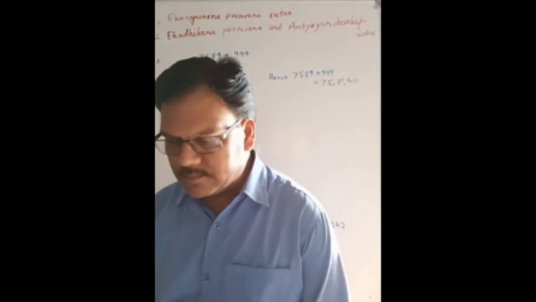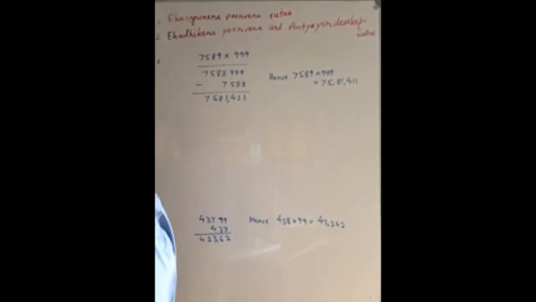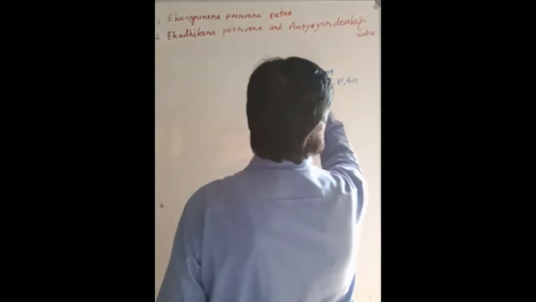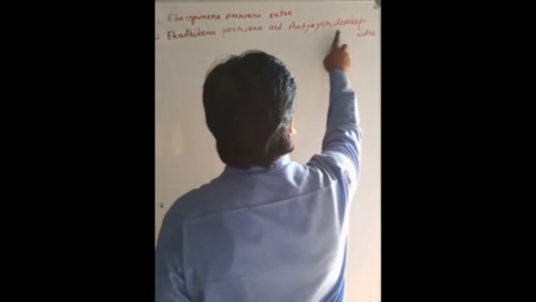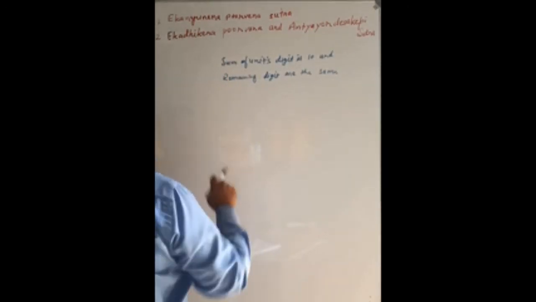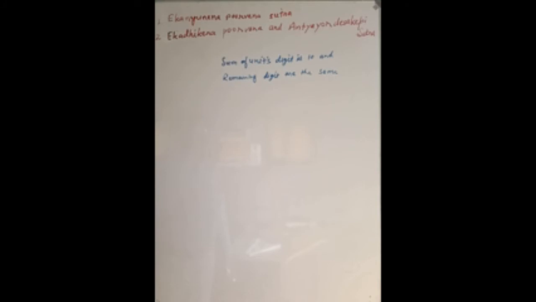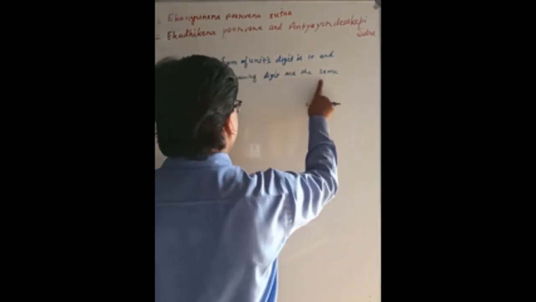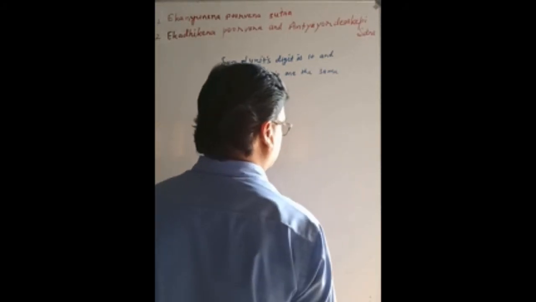Now we explain the second formula, that is Ekadhikena Purvena and Antyayor Dashakepi. Ekadhikena means ek adhik, one more. This method is applicable only when the sum of unit digits is 10 and the remaining digits are the same.